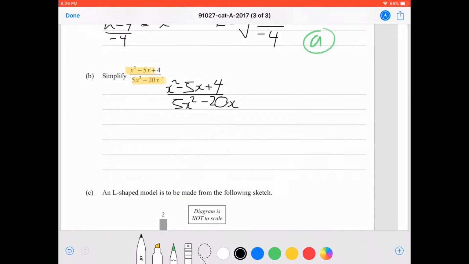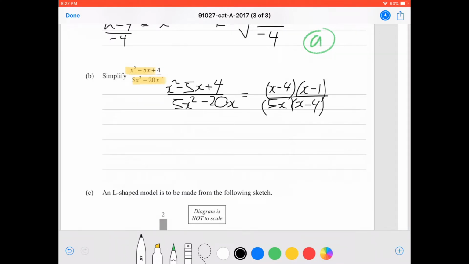So look in the numerator. We can say x minus 4 and x minus 1 is the factorisation here, and that's over 5x is a common factor, and x minus 4.